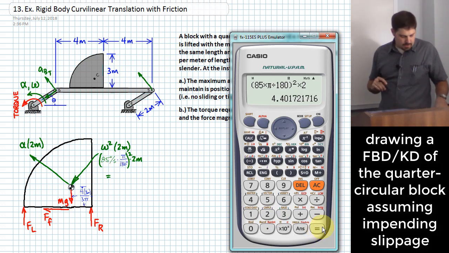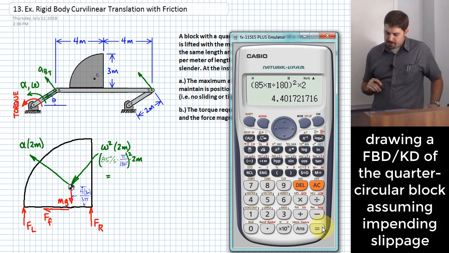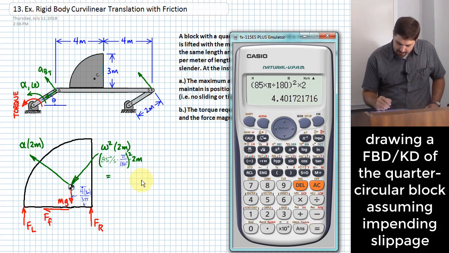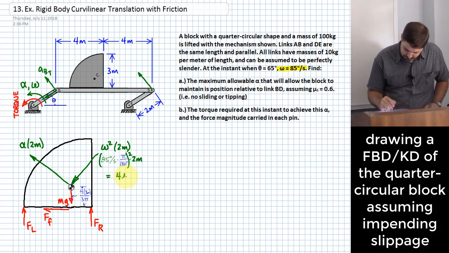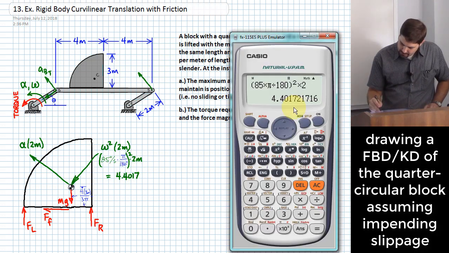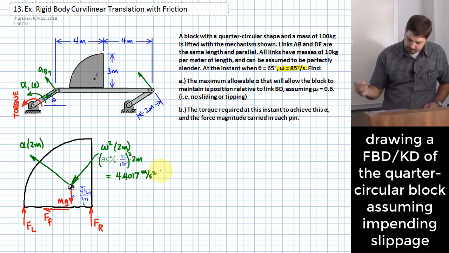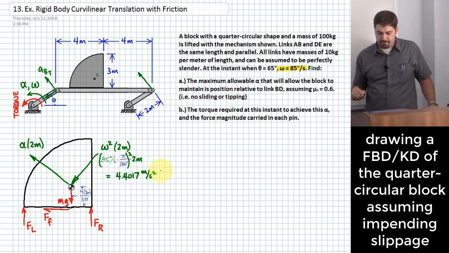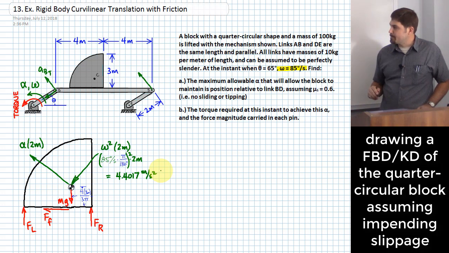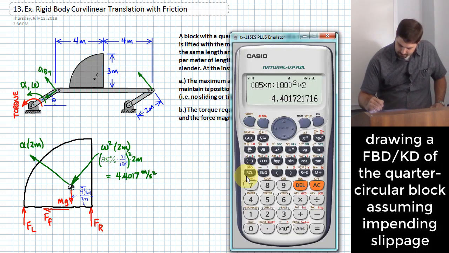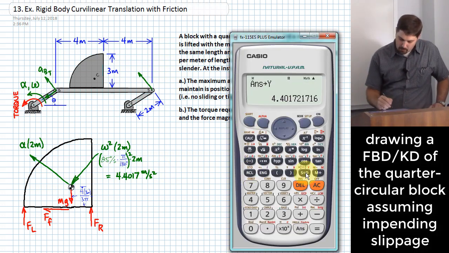Okay, so this acceleration that I have here is just going to be 4.4017, and that's going to be in meters per second squared. Okay, and because I might want that later, let me go ahead and store it into y.